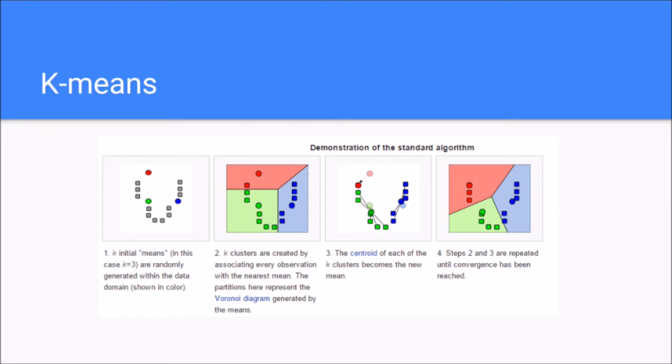As you can see in step 4, some of the data points are changing colors, which implies that they are now in another cluster than they were before. And this procedure will run as many times as you want, and you can tell that to the algorithm before you run the program. So that's basically how the algorithm works.